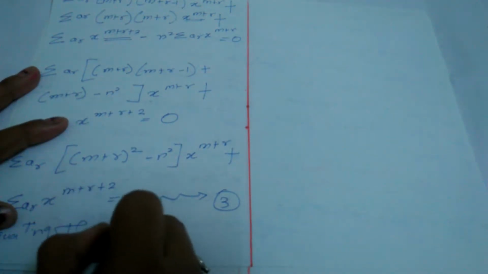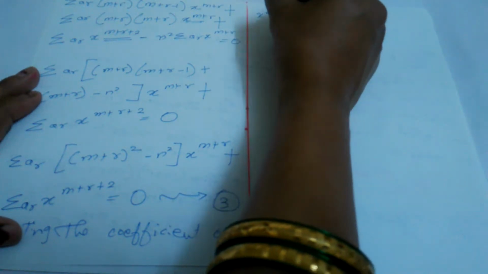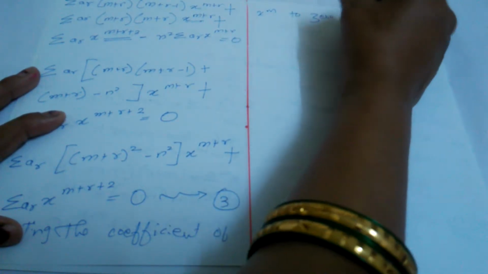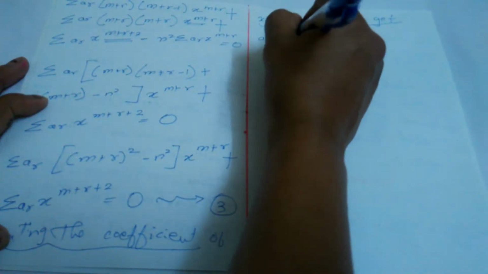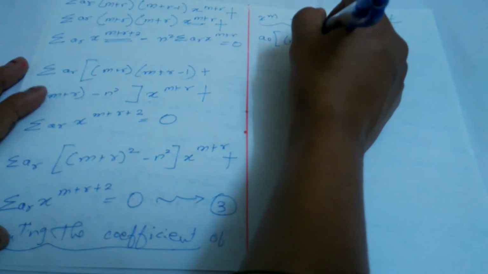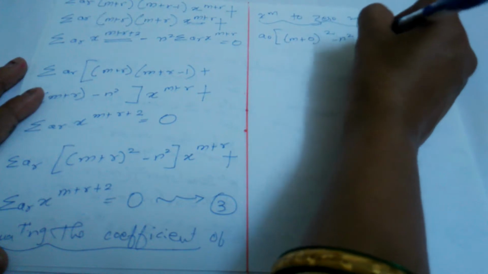So equating the coefficient of x to the power m to 0, we will get a naught in equation number 3. a naught into m plus 0 the whole square minus n square, which is equal to 0.